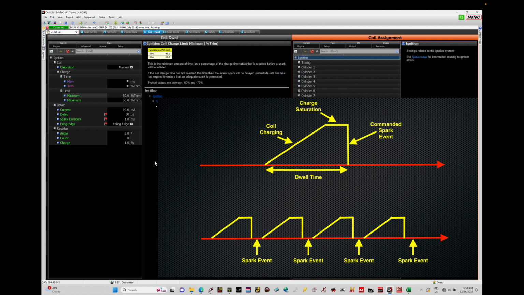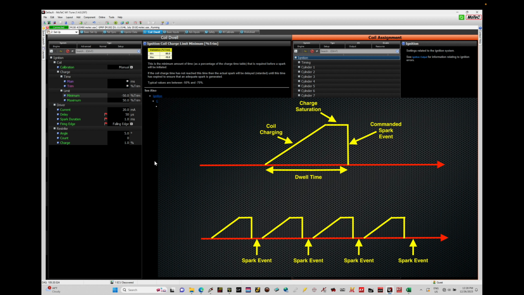Looking below on that plot, we see all of these spark events happening, with dwell periods between them. The spark and dwell are constantly going through the same process as the engine is running. This is continuously going on, the coils are charging and discharging, and there's a lot of dynamic movement going on here.